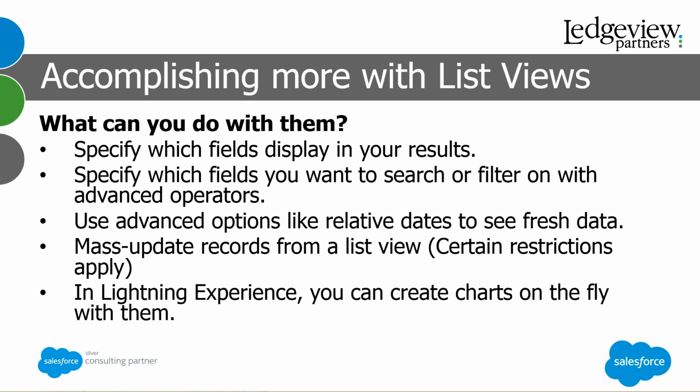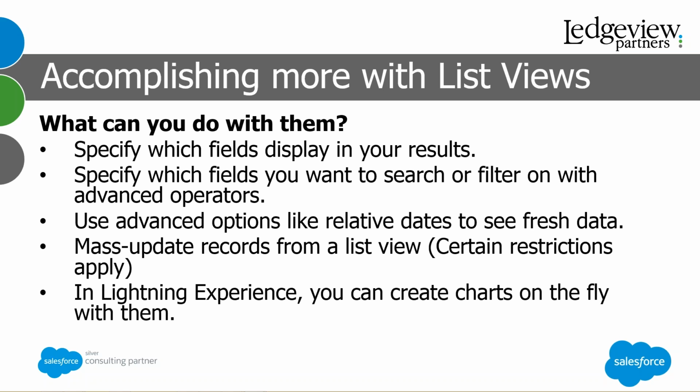One could be centered around seeing what kind of profit margin those accounts have, and another could be centered around how many opportunities that set of accounts has. We'll definitely do a demo to show you how to change what fields you can see in your list views.